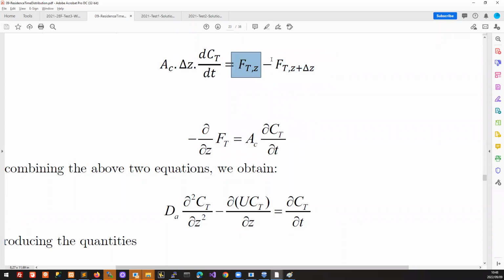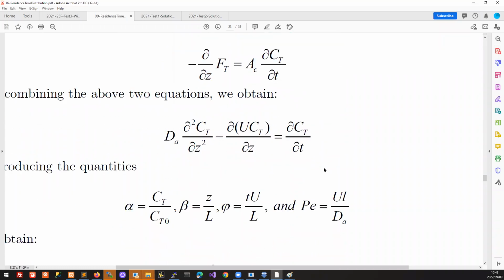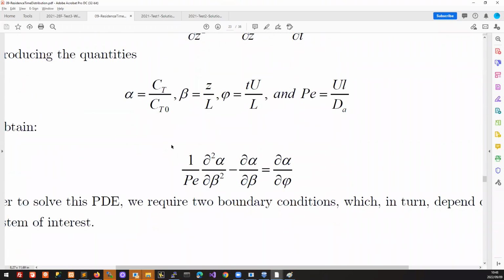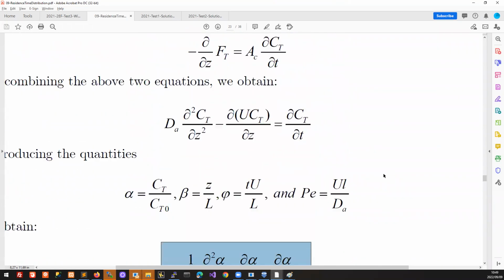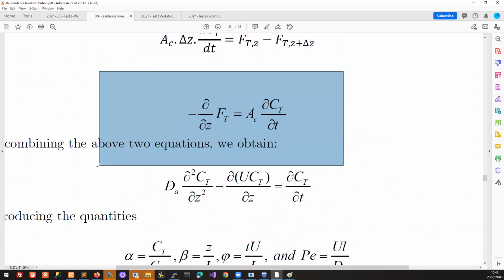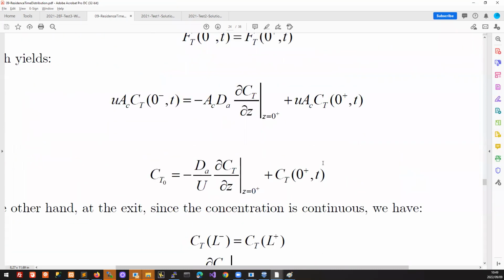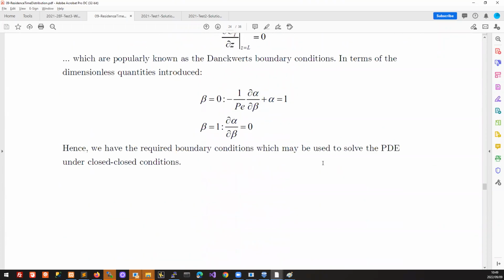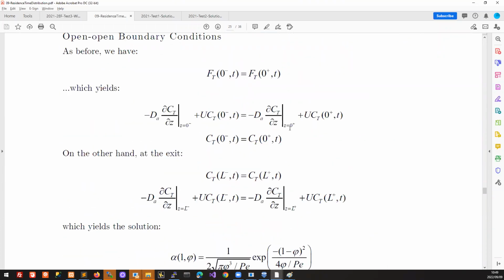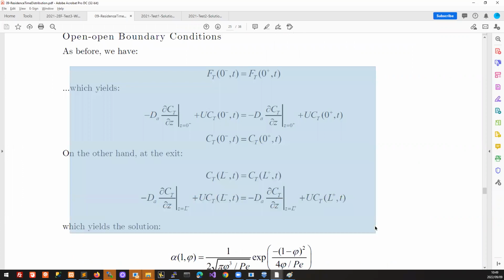So we can recognize that as a derivative. And so we can say dC/dt equals d/dz of F. And so when you do that, of course we are getting the PDE. So this follows directly from what we learned in fundamentals, right? It's the same kind of balance there. And then if we integrate these equations, you get the so-called dispersion model. So you can read up about the boundary conditions.